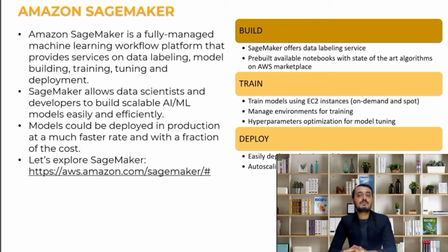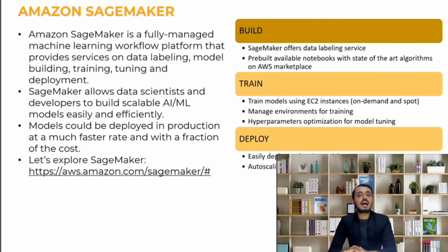These algorithms are available right there and are already trained, so you don't need to reinvent the wheel. That's one of the examples I'm going to show you here: how we can run a demo of a trained model using the AWS SageMaker marketplace.